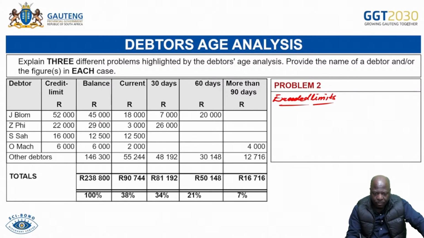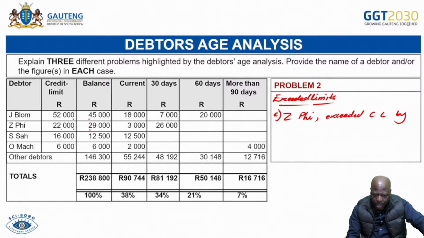Let's see. With J Bloom, the credit limit is 52, is owing 45, is okay. ZP, 22, and the balance is 29. So here we have A, ZP. ZP has exceeded the credit limit.